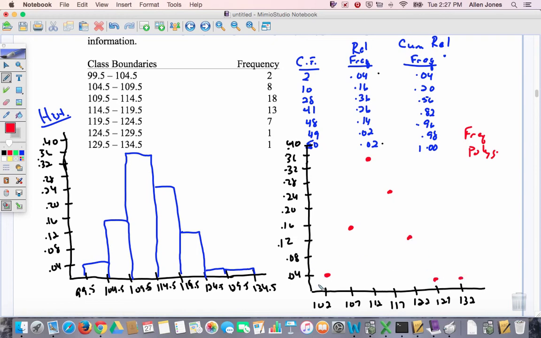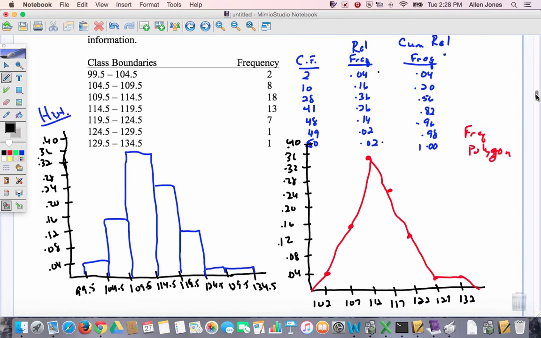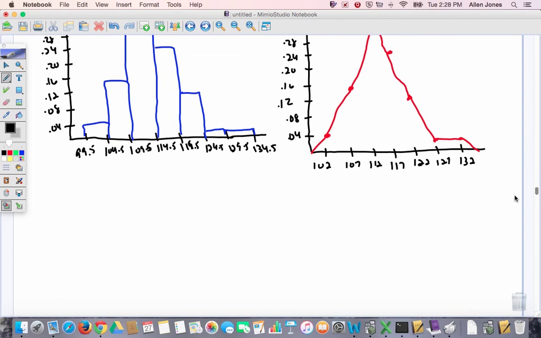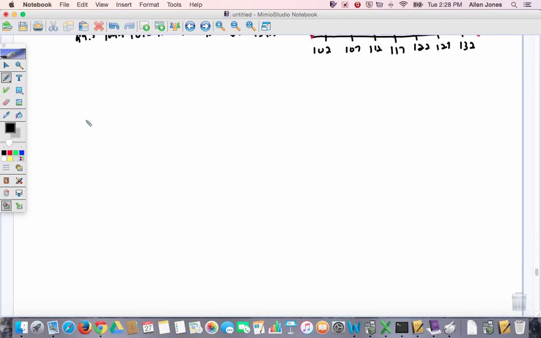I have 14, 2 and 2, and our frequency polygon is going to connect those values and make it a polygon by connecting down to the x-axis on this side and on this side as well. So a frequency polygon, not an ogive. Our last graph then is an ogive.